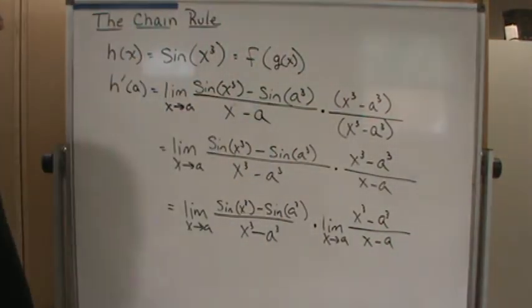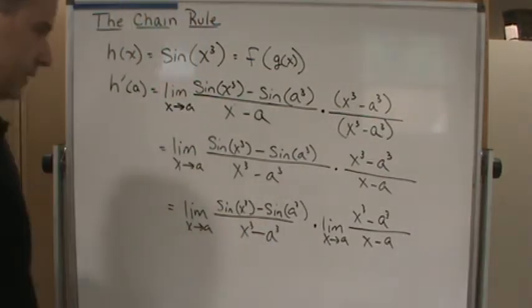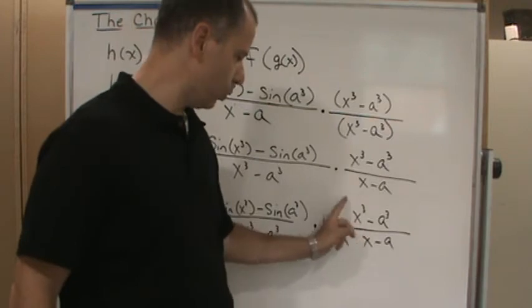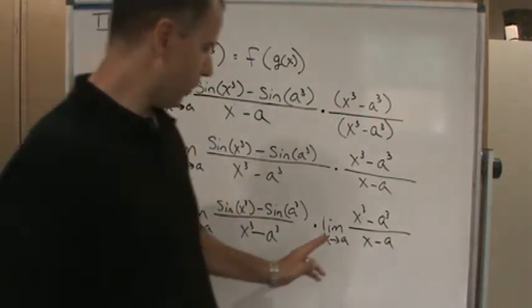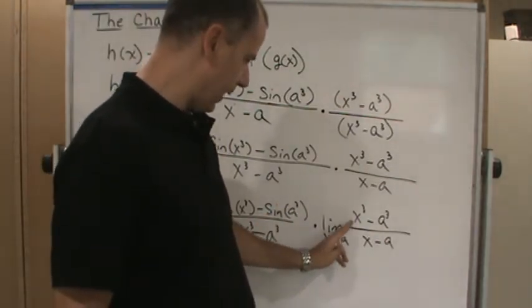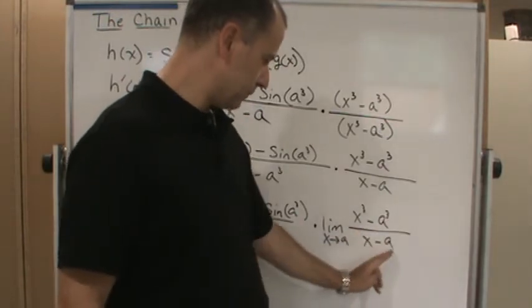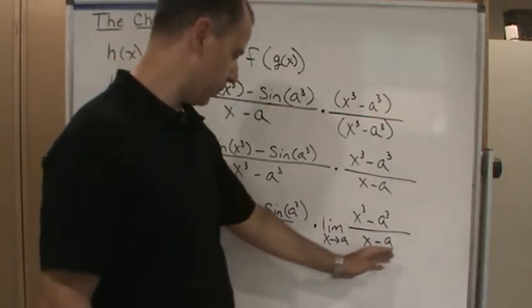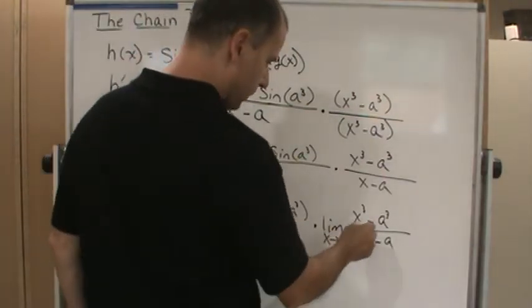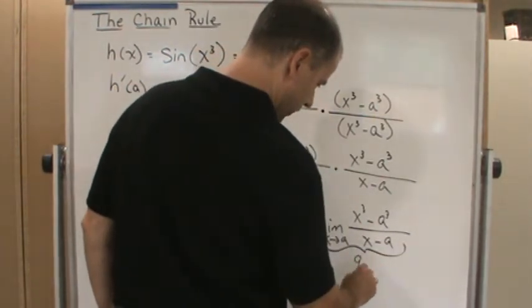Now, we can see that this part here is a derivative. It's the derivative of the function x cubed. It has the right form: f of x minus f of a over x minus a, and you're taking the limit as x approaches a, so this is the limit of a difference quotient. So this turns out to be the derivative of x cubed, which we'll call g prime.